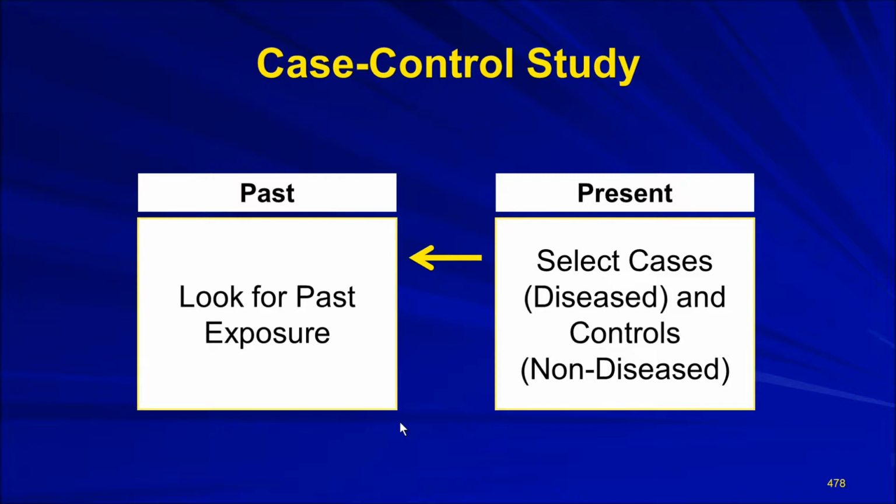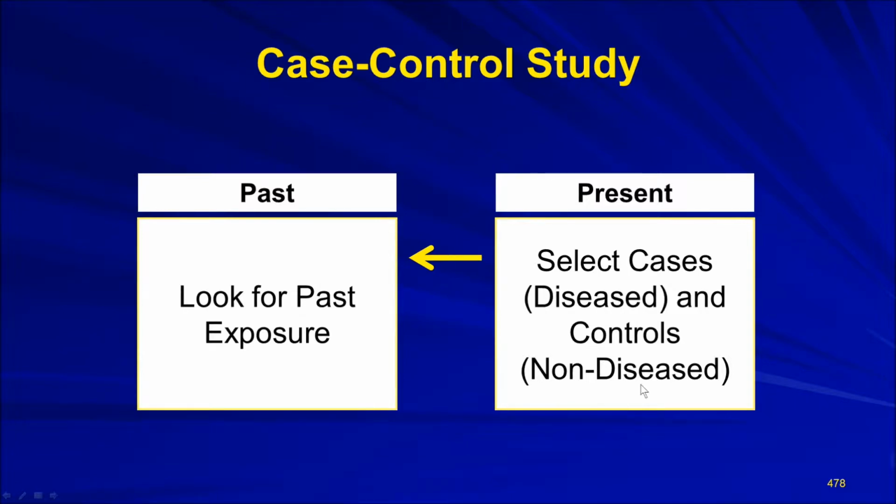Now, we look back in the past for some exposure. In this case, we could look back for any diseases that the diseased group had versus any that the non-diseased group had, and we can compare them in the present.